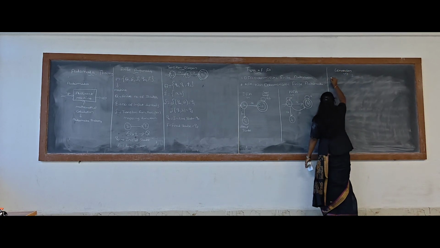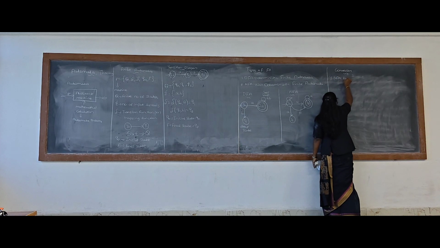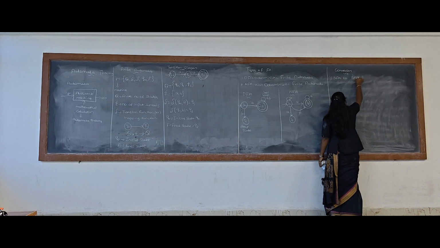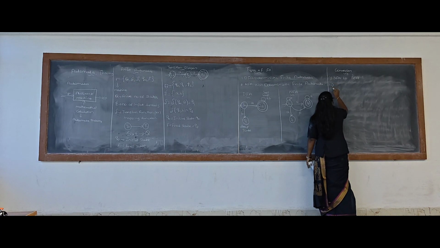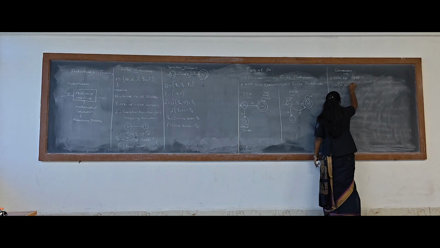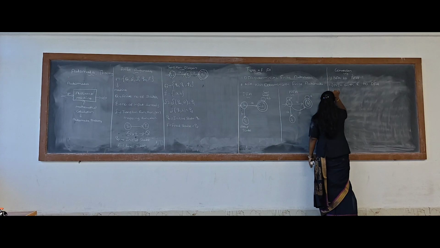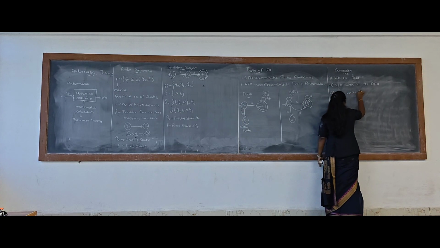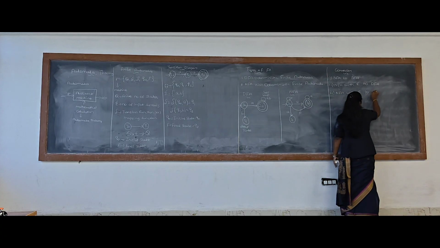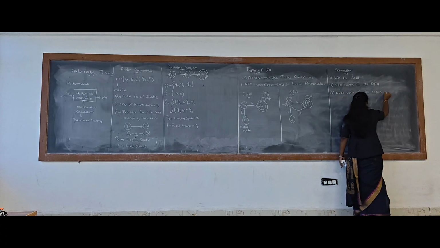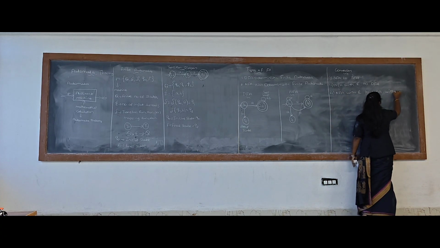Conversions. Here we have three conversions. The first is NFA to DFA. The second conversion is NFA with epsilon to DFA. The third conversion is NFA with epsilon to NFA without epsilon.